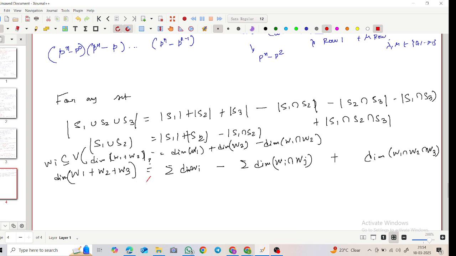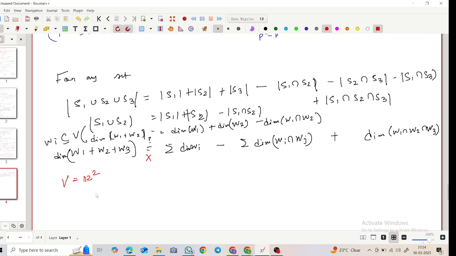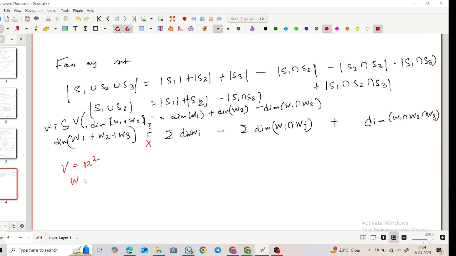It is actually not true. You take V equals R2, W1 generated by (1, 0), that is the x-axis, W2 generated by (0, 1), that is the y-axis, and W3 generated by (1, 1), that is the diagonal.